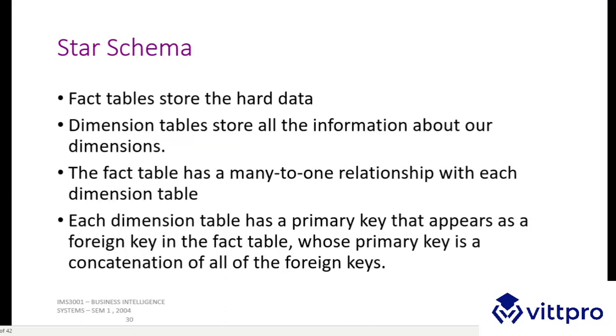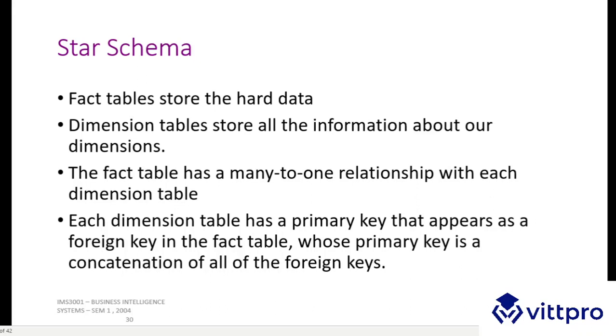So how does the star schema look? The fact table stores the hard data. The real transaction is stored in the fact table, and the dimension tables store all the information about your different dimensions. So here you are going to collect a lot of information. For example, you have a product, and a customer buys one pen.